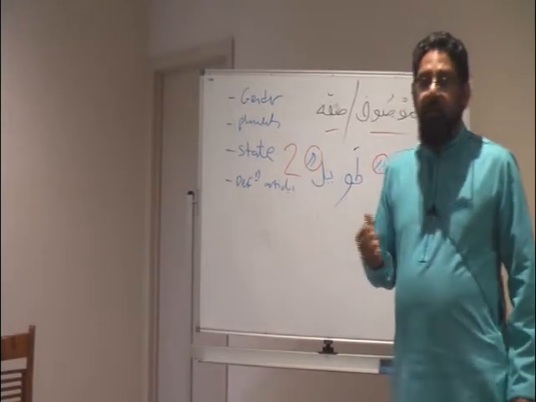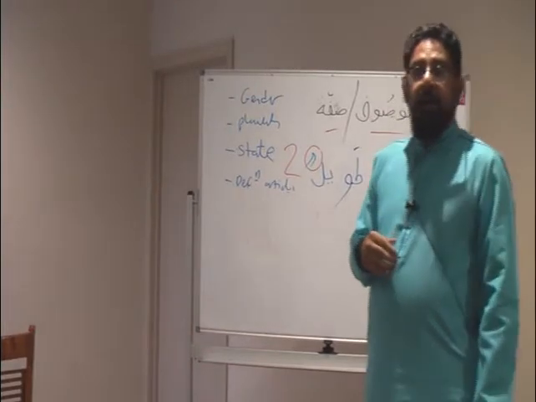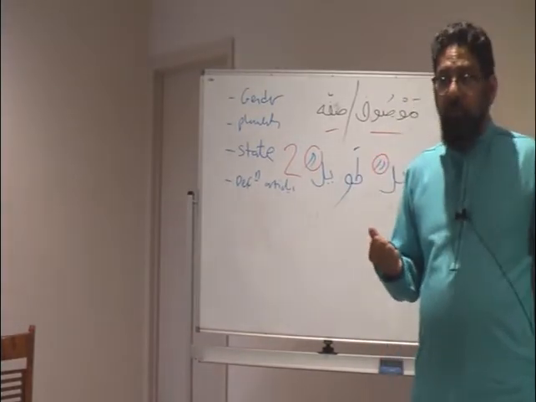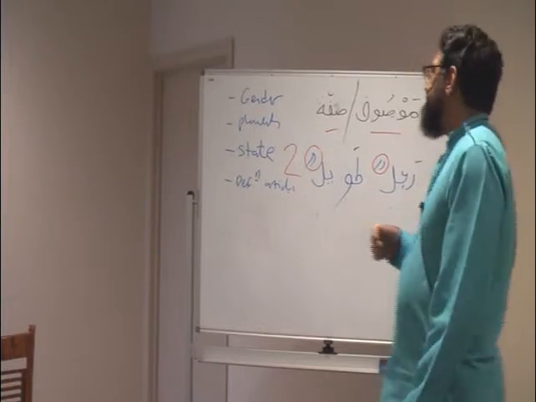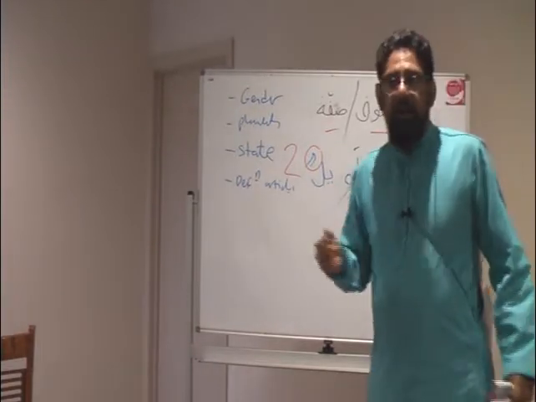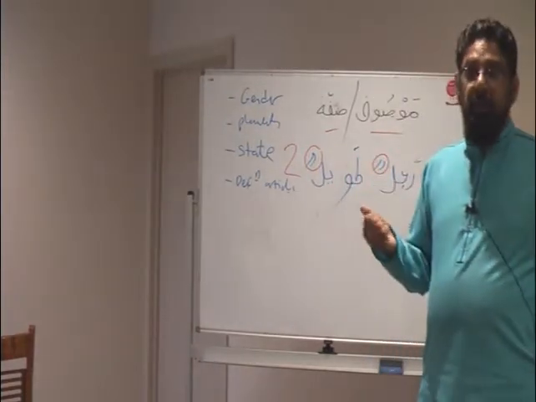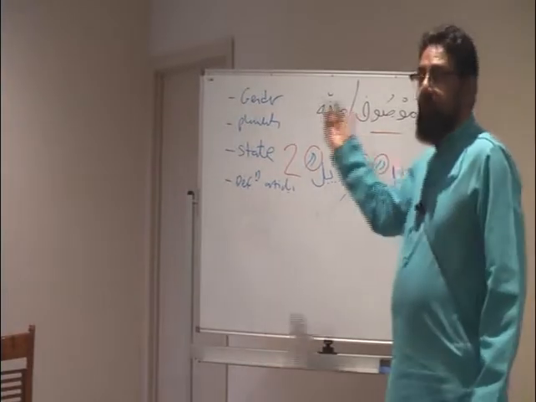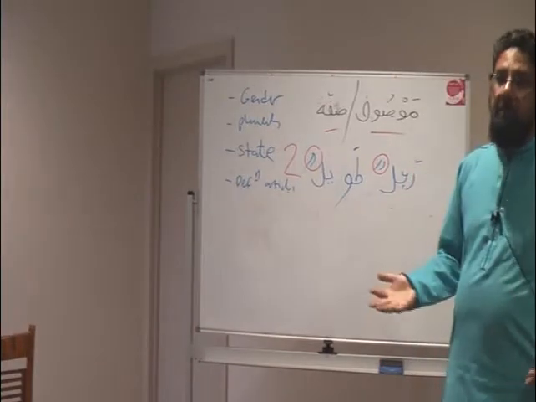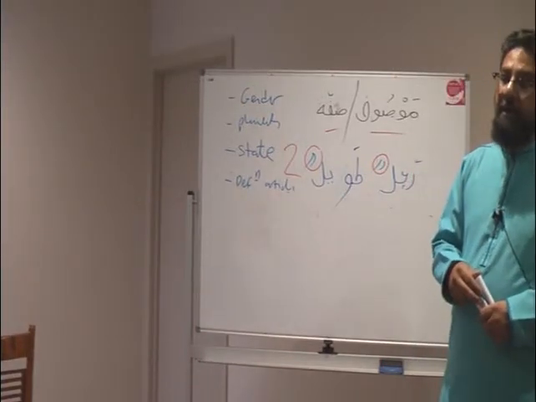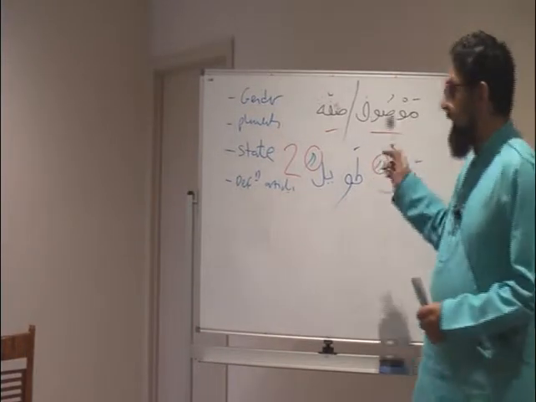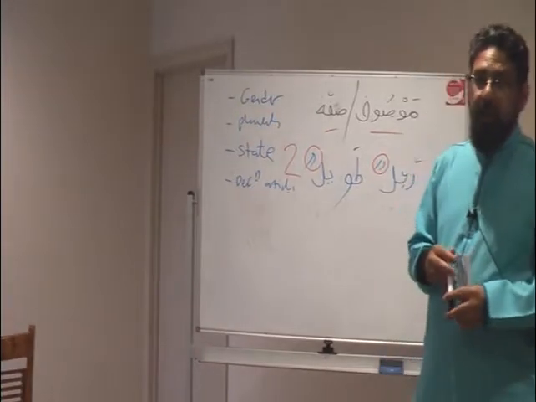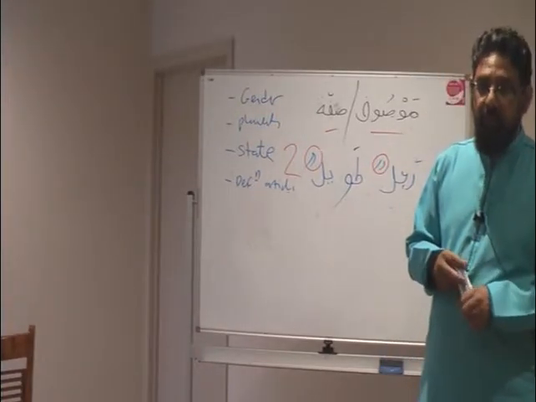gender. So if we say Fatima is tall, or tall Fatima, then you would say Fatimatun tawilatun. And then in plurality as well. If it's plural, then obviously the adjective also needs to be in plural.